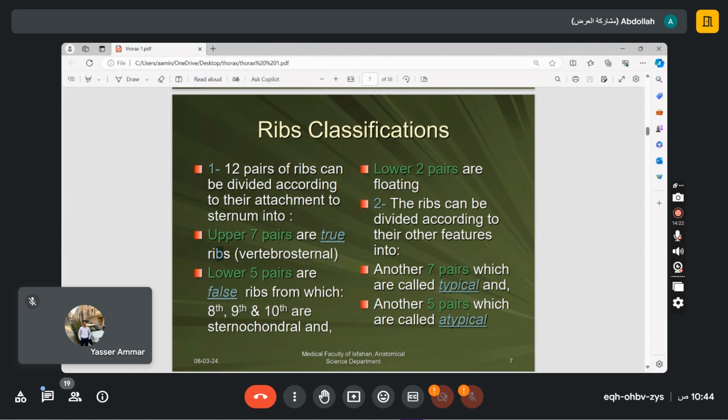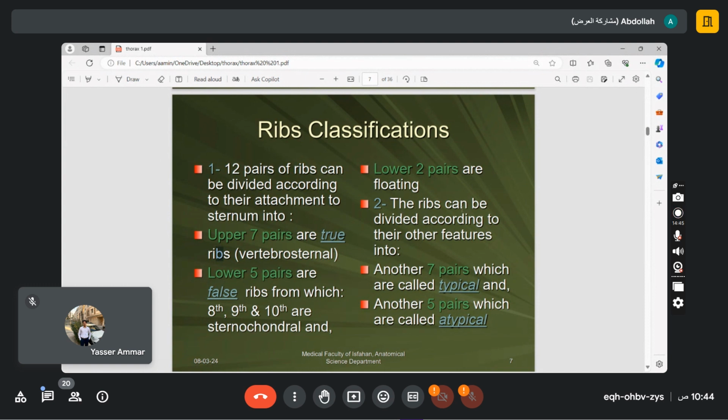And the lower 2 pairs are floating ribs, including 11 and 12. Ribs 11 and 12 are floating.